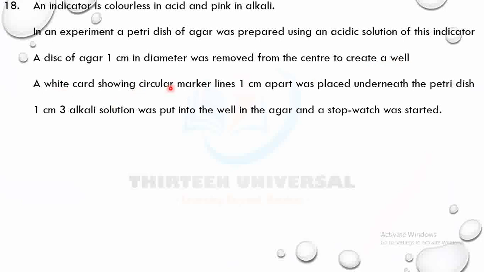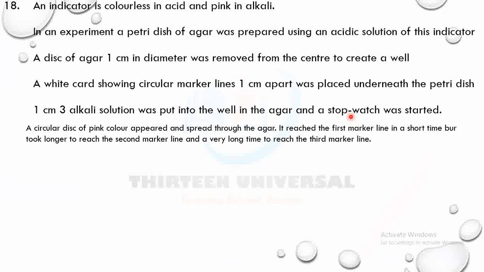A white card showing circular marker lines 1 cm apart was placed underneath the petri dish. A 1 cm cube of alkali solution was put into the well in the agar and the stopwatch was started. A circular disc of pink color appeared and spread through the agar.